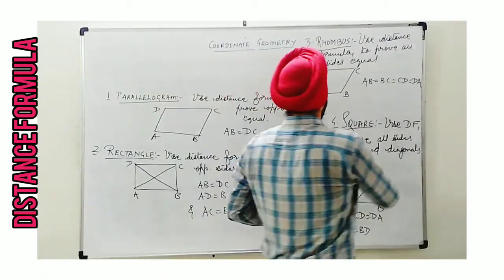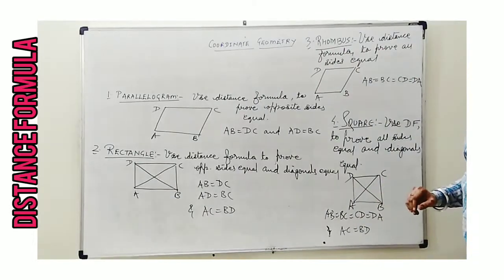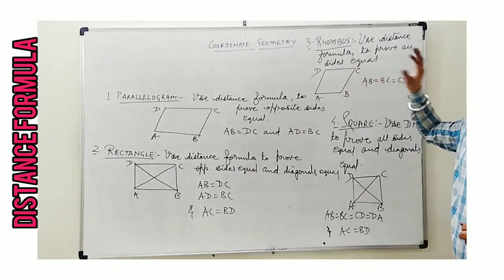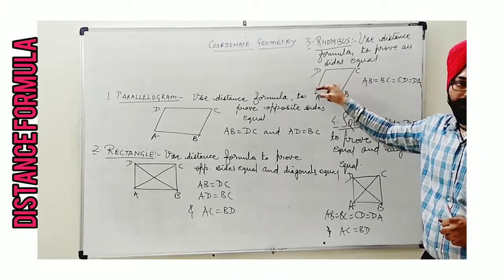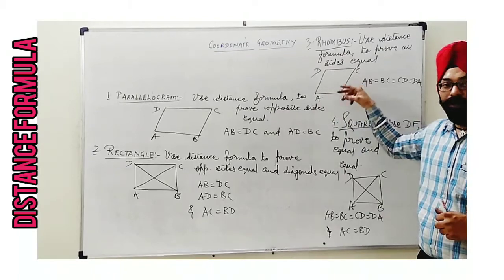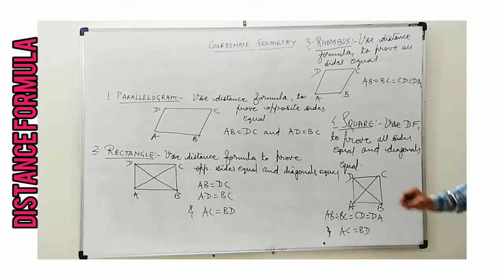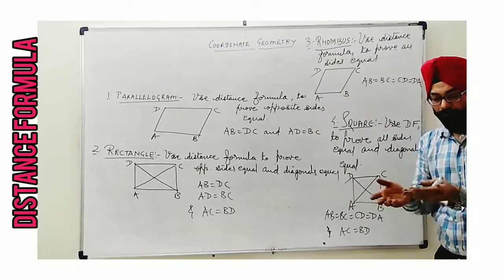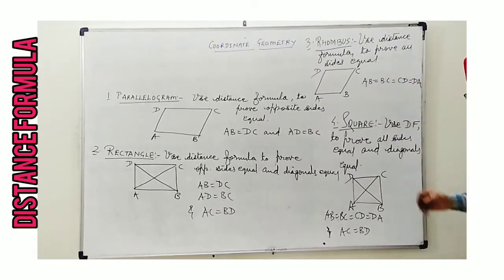Further, if I talk about rhombus, it's a parallelogram with all sides equal, so that is enough. We will use distance formula on 4 sides, and each length will be the same. All 4 lengths will equal one single value. And now the most advanced form of parallelogram we see is a square.